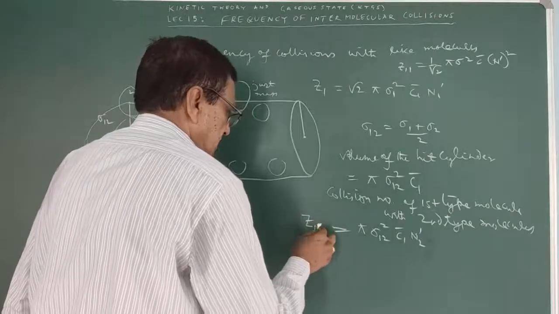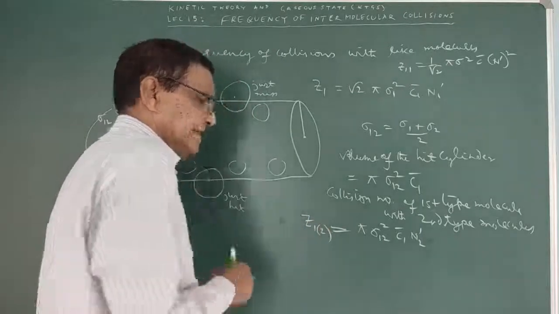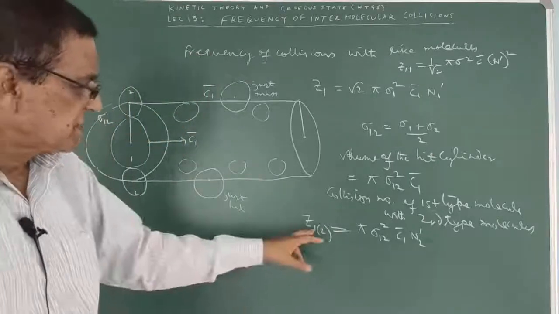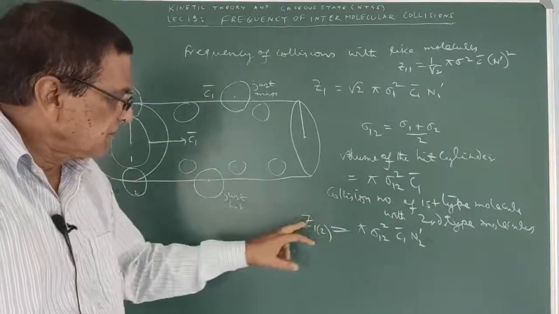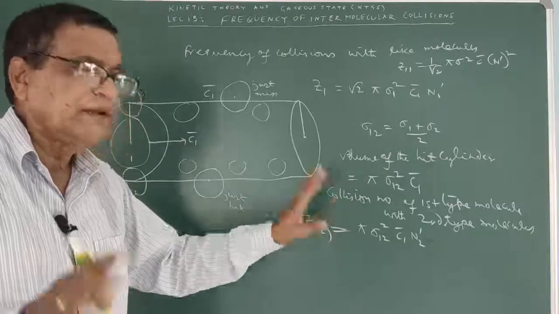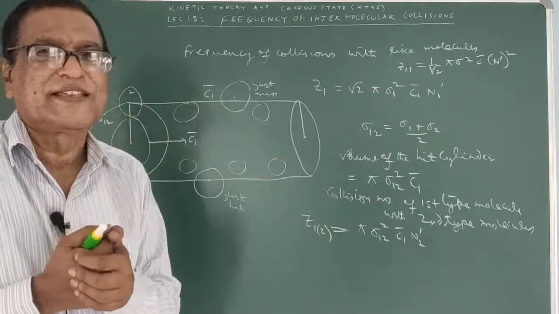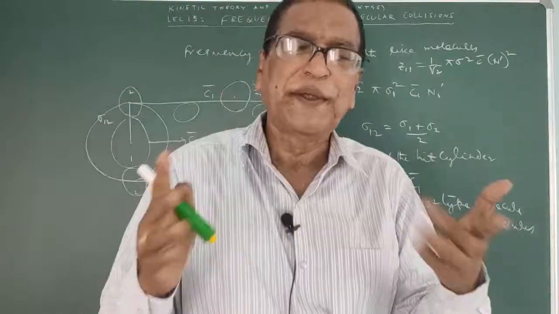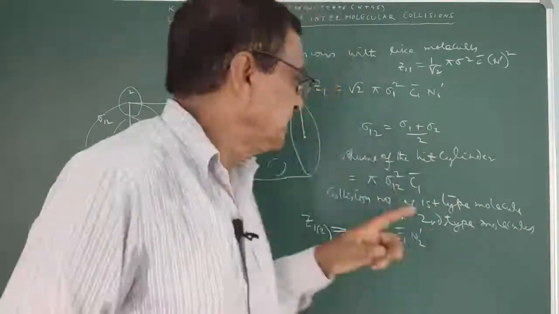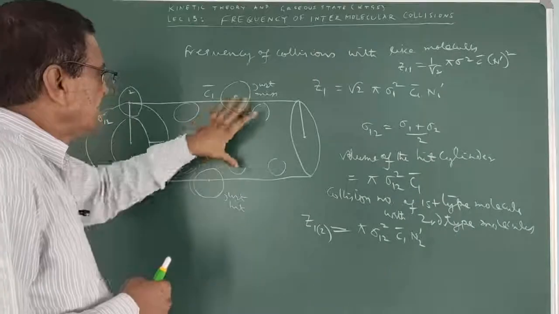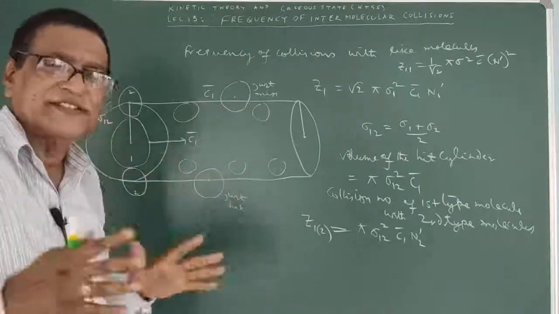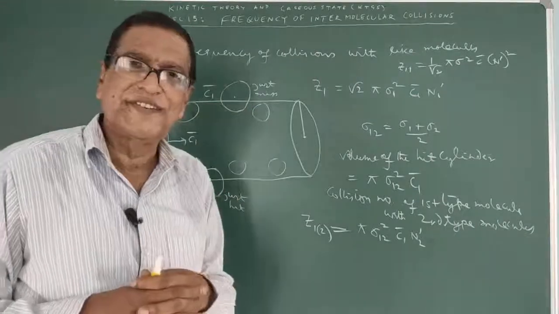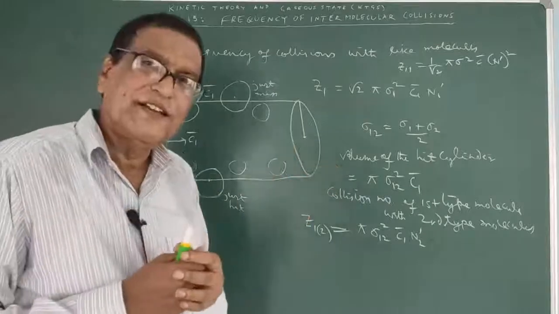So this will be this value, Z1 2, meaning the collision number of the first type molecules with the second type molecules. The supposition that we have made is wrong: that only this molecule is moving and all other second type molecules are at rest. This is not right. This is to be rectified.